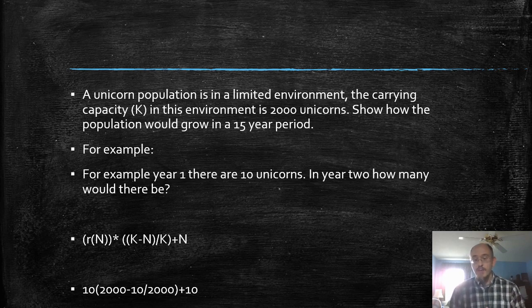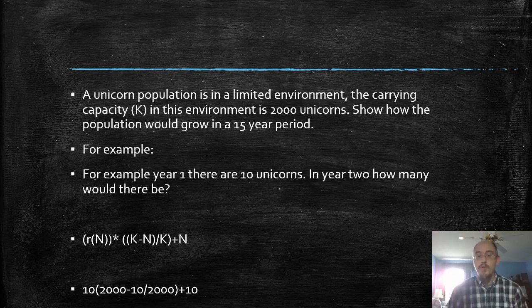Okay. So here's how you set up the formula to figure out what the population growth might look like from one generation to the next. You would take, first of all, R times the population size. 1 times what is our population? We're starting once again with 10 unicorns. So 1 times 10. So that's going to be 10, right?